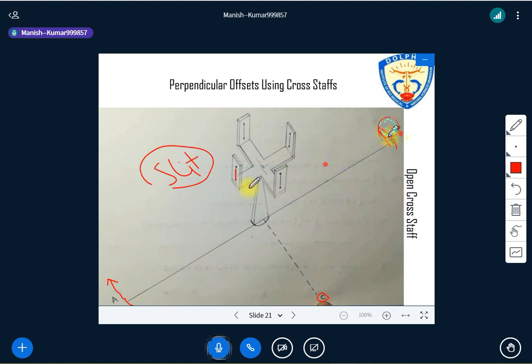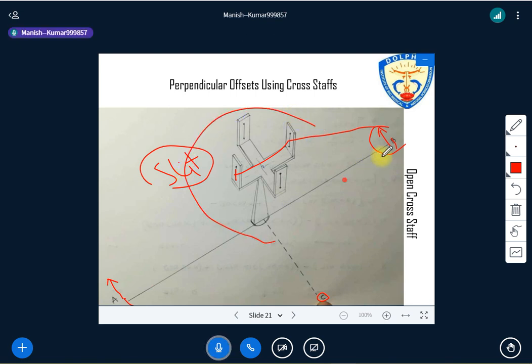Now you look from here, and whether you are able to see this ranging rod from here, crossing this slit, then you look here. If it is in a line, then the cross staff is placed properly on that particular chain line, right? Again, listen carefully. You place this cross staff on the chain line, right?